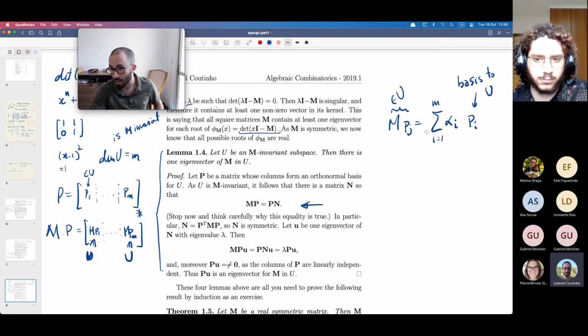This is MPj. These are going to be alpha ij.